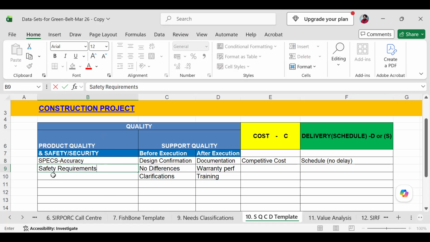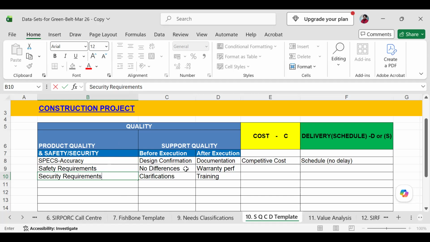So safety and also security requirements. So this should go under the product qualities, safety, security requirements. That's all part of quality.